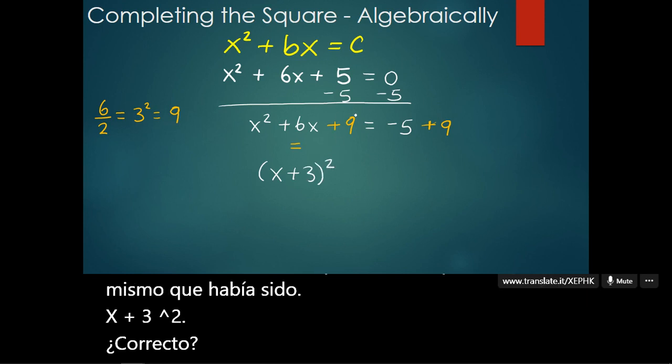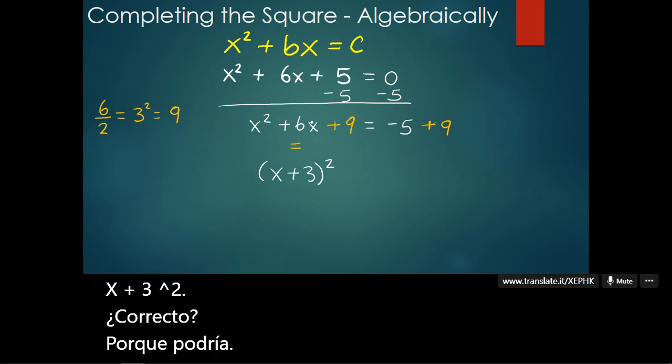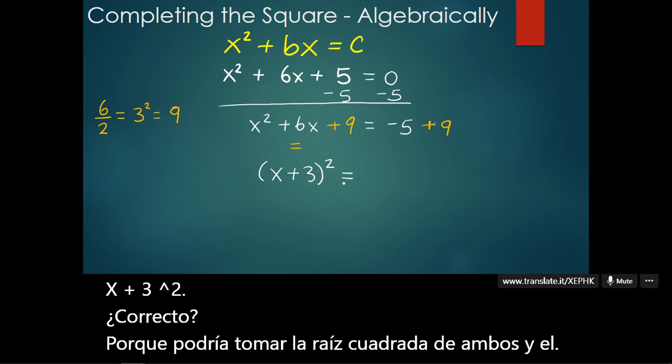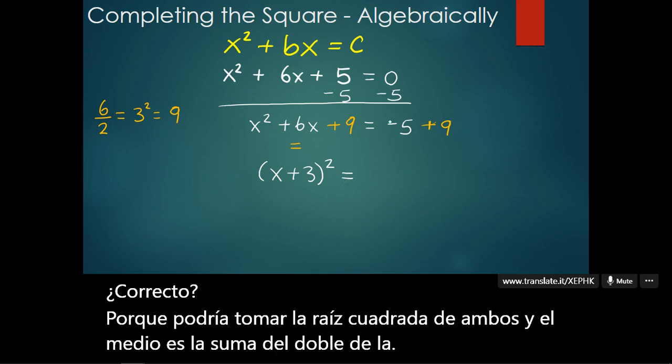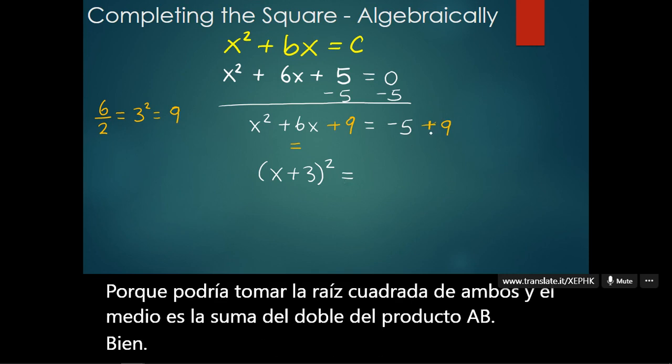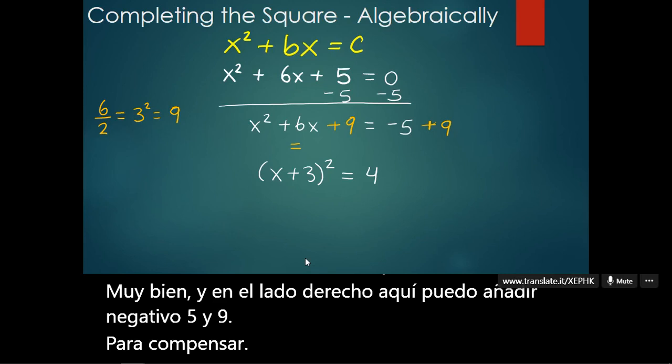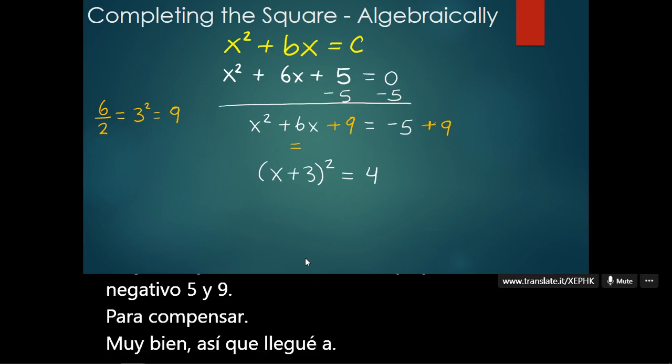Because I can take the square root of both of these, and the middle is the sum of twice the AB product. And on the right-hand side here I can add negative 5 and 9 to make up 4. So I got to this form, x plus 3 squared is equal to 4.